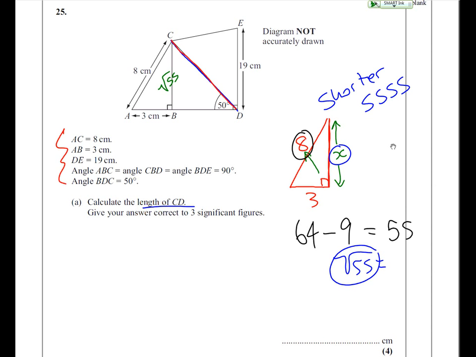Now the next triangle that we can use. Don't worry, square root 55 is just a number. It's fine. Is this triangle. So 50 degrees, square root 55. The next thing we want is this length, y. So it's a right angle triangle with an angle and a length, and we want the other length. You've guessed it, it's SOHCAHTOA.